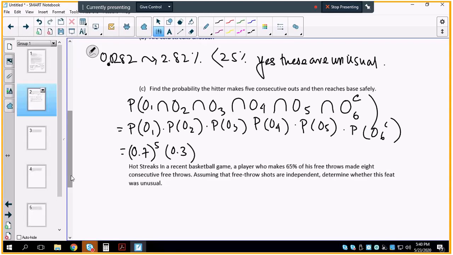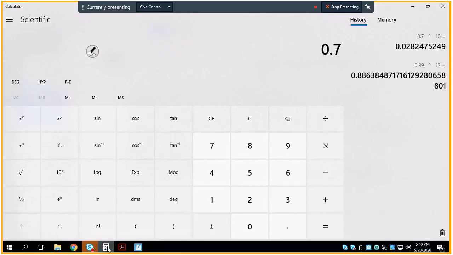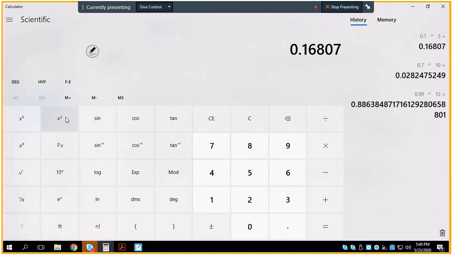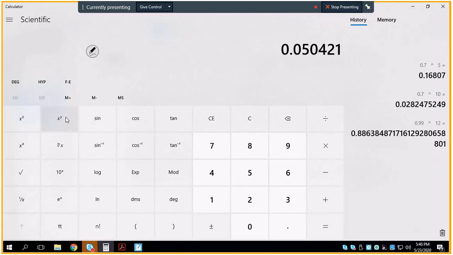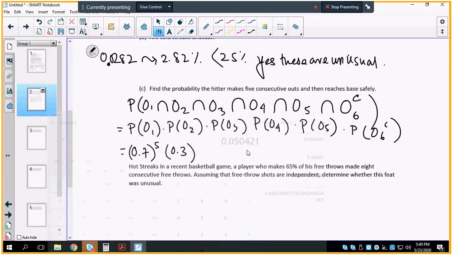Because probability of being out is 0.7, so probability of not being out is 0.3. Let's find this number. We'll do 0.7 to the power 5 times 0.3, rounded to 4 decimal places is 0.0504. So that answers my question.